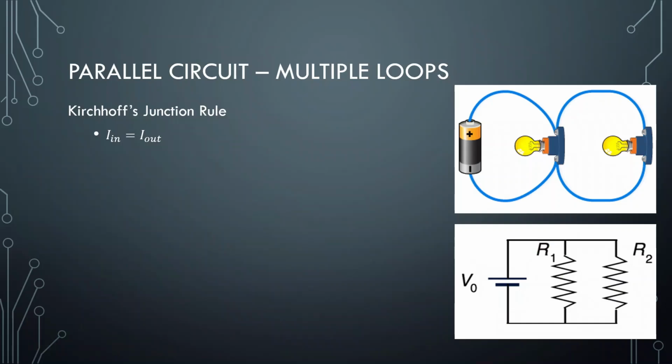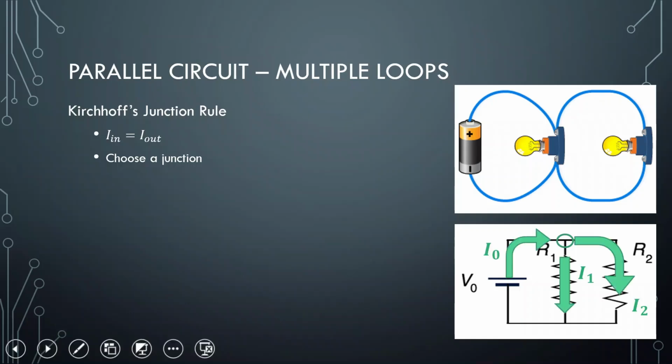Now, if we look at the junction rule for the parallel circuit, we do actually have legitimate junctions where our current is going to split. The junction rule tells us that current into a junction has to equal current out of a junction, so you can pick a junction and write an equation for that. I'm going to assume that I1 is the current going through resistor R1, I2 is the current going through resistor R2, and I0 is the current in the main branch that's being drawn from the power, so the overall current draw from the battery.